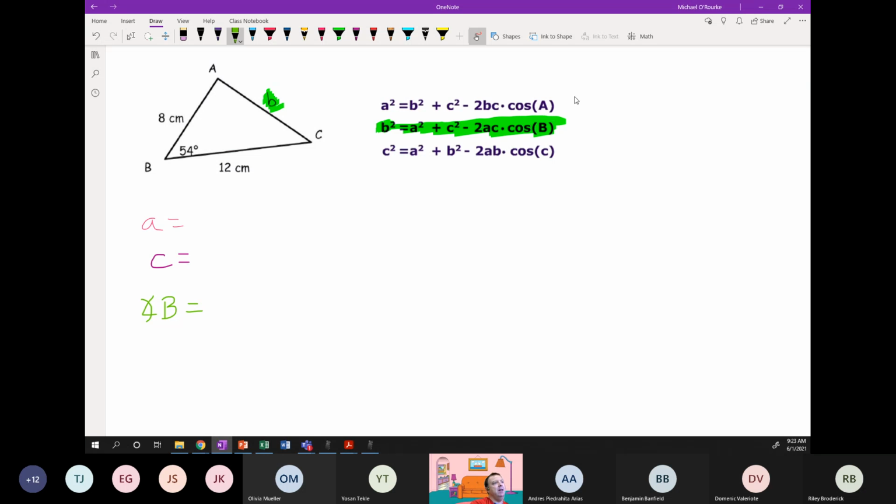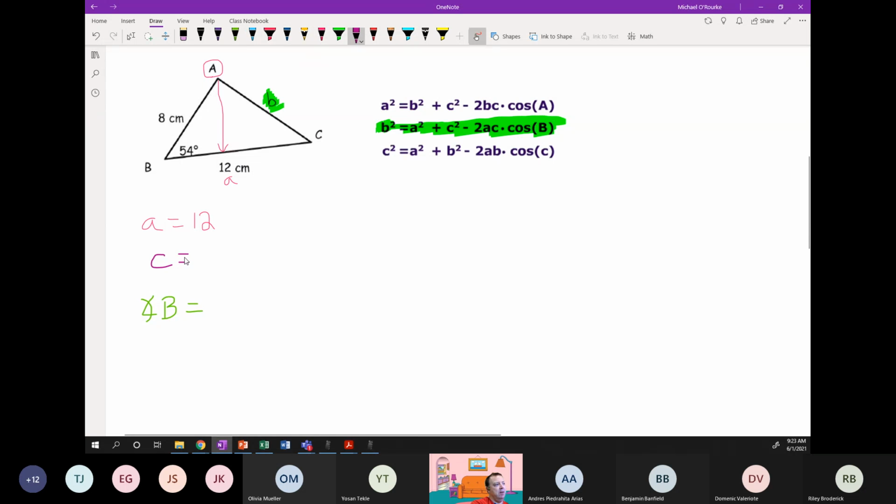Okay, so A is 8. All right. So remember, A is always across from the angle. So here's our A here. So if we go across, that's going to be our side A as such. So our A is going to be 12. Okay? Yeah, okay, Yosan, I got you.